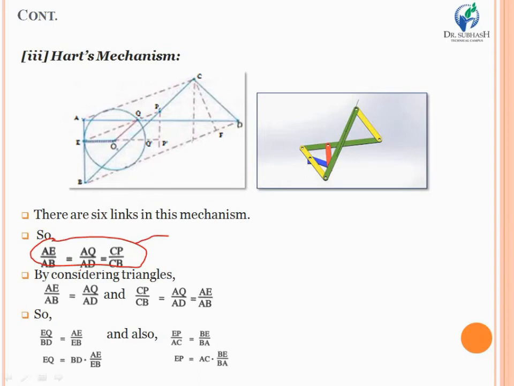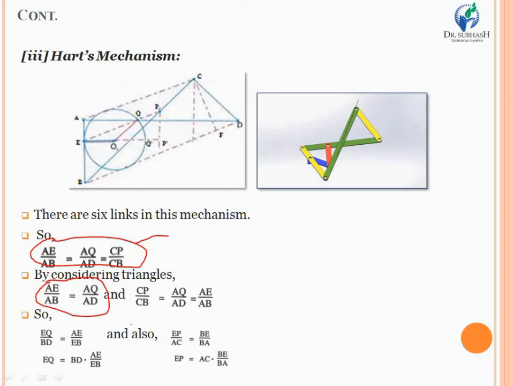Now you have to consider triangles, and consider first the triangle ABD. By considering that triangle you can have the relation of various links: AE upon AB will always be equal to AQ upon AD.